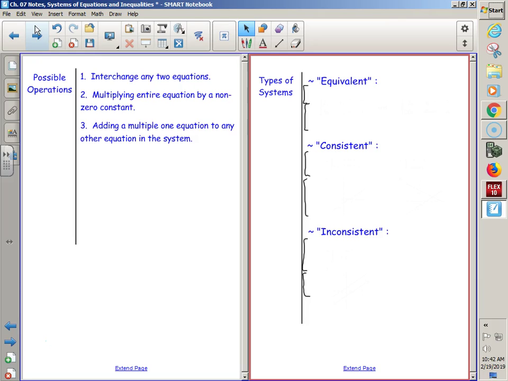If you do choose to multiply an entire equation by a constant, you have to make sure you do both sides in every single term across all the addition and subtraction as far as distributing. Number 3 says add. You are allowed to add or technically subtract, but I'm going to say add a multiple of one equation to any other equation. You don't have to do just the first 2 or the last 2 or the first and the last. You can choose your order.